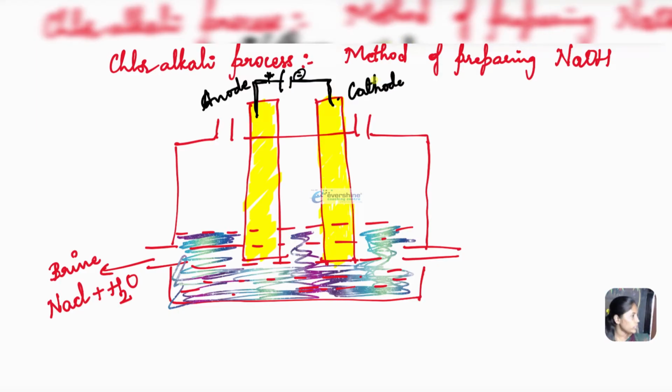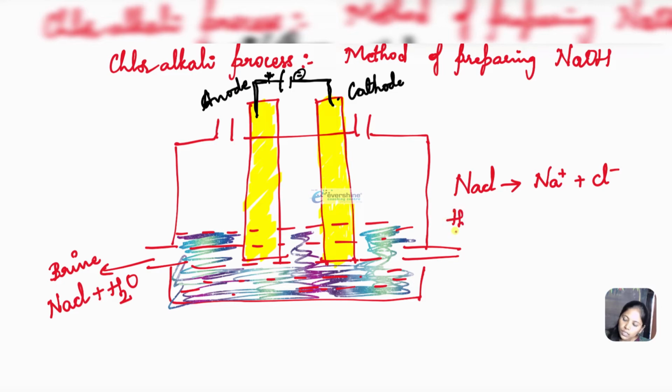On passing electricity through brine solution, what happens? NaCl splits as Na+ and Cl-.